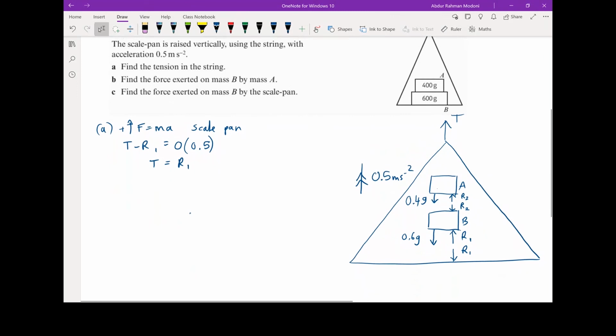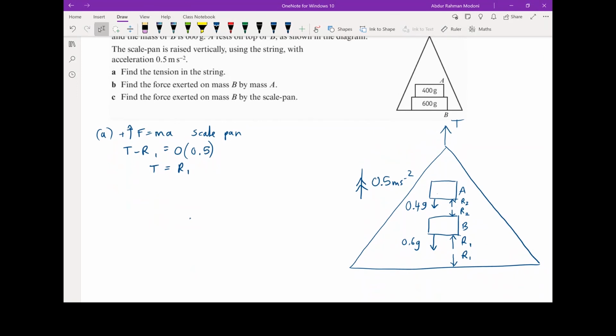So we will consider here just particle A then. If we look at particle A alone, we can do F equals ma on particle A, and again, up as positive.